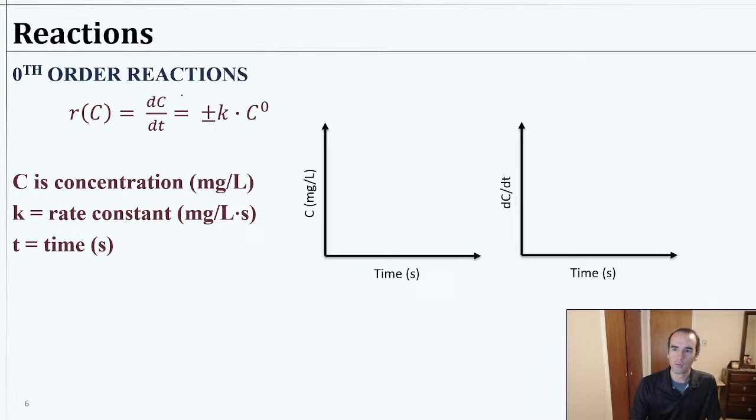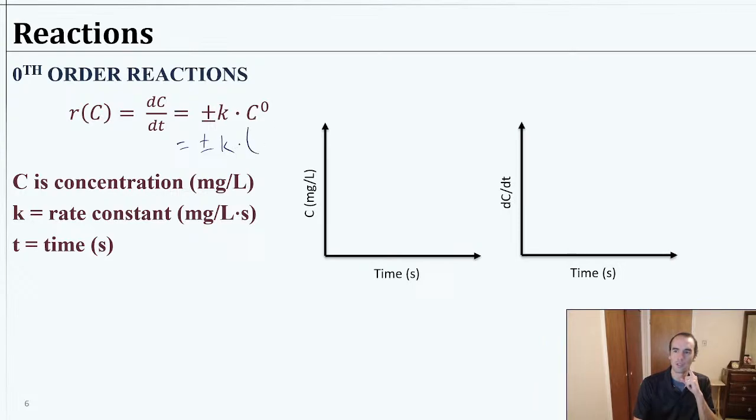For a 0 order reaction, we have, again, dc dt equals plus or minus k times c to the 0 power. So this is basically plus or minus k. And if we take a look at the units that must exist to satisfy dc over dt here, equal to nothing over on the right except for k, then the units for k have to be the same units as dc dt, right?